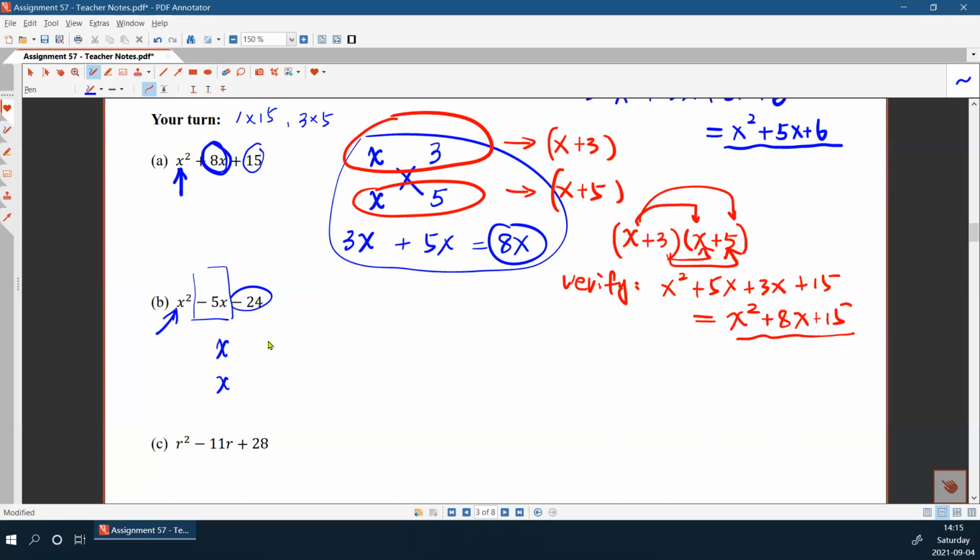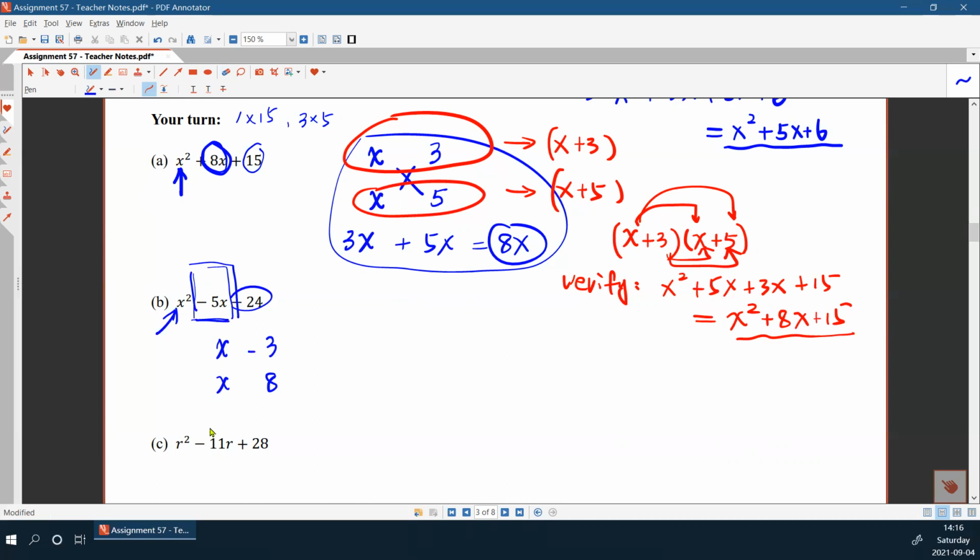So how do we get minus 5x? Note that 24 can be factored to 3 by 8, right? And this time we have minus 24, so we have to put a minus sign in front of 3 or in front of 8, right? Where we put it depends on how we get the minus 5x.